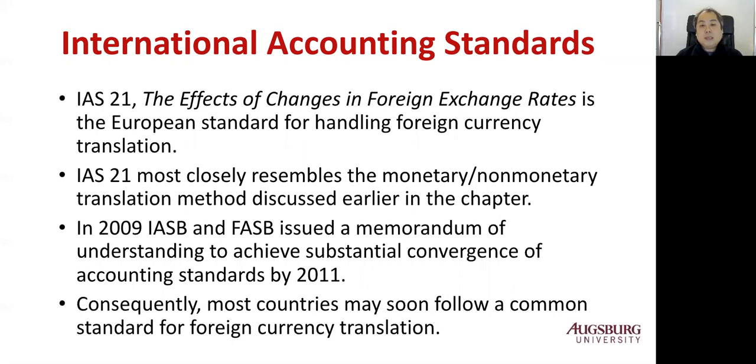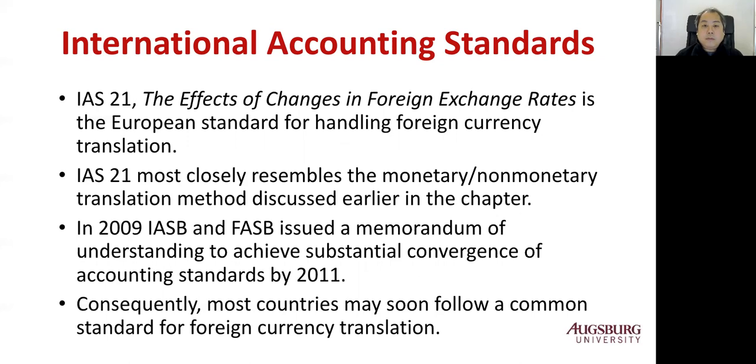Especially for Europe and the United States, the relationship is so close. It's very tricky and costly if their rules are quite different. So consequently, most countries may be able to follow a common standard for foreign currency translation soon. Not yet, but soon.